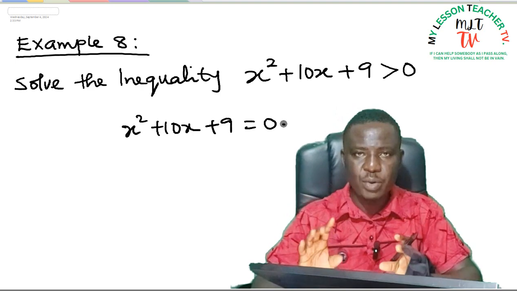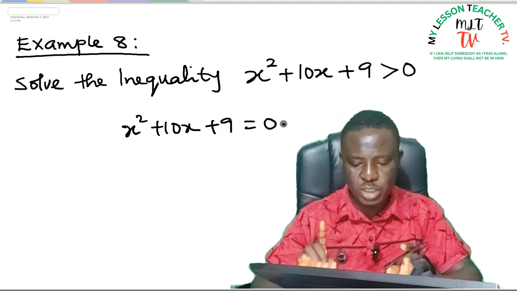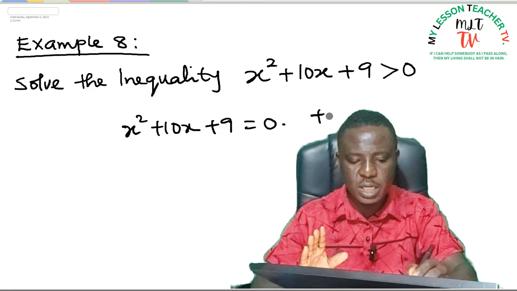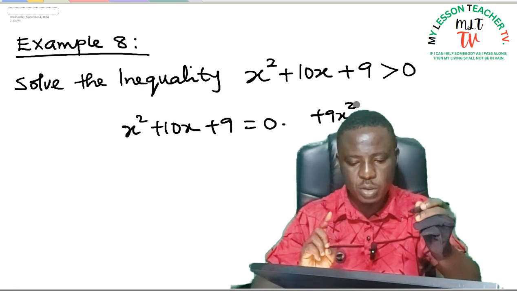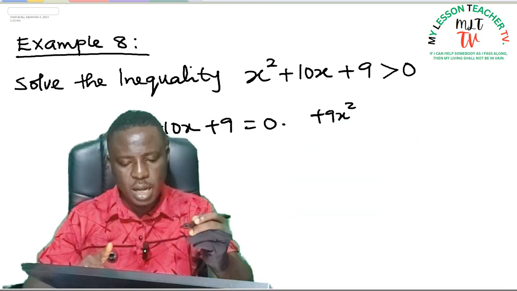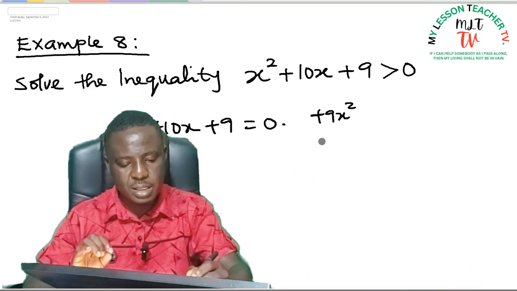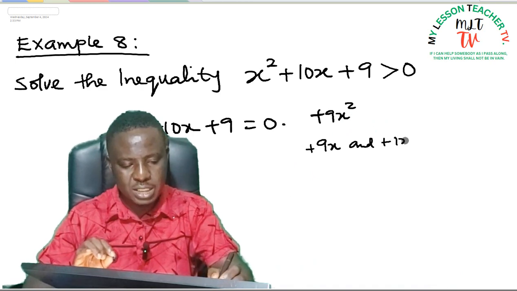You look for 2 terms that when you multiply them together, it gives you the product of the first term and the last term. And when you add them together, it gives you the middle term. So the product of the first term and the last term is plus 9x squared. And 2 terms that when you add them together give you the middle term, and multiplying them gives you the product of the first term and the last term, are plus 9x and plus 1x.